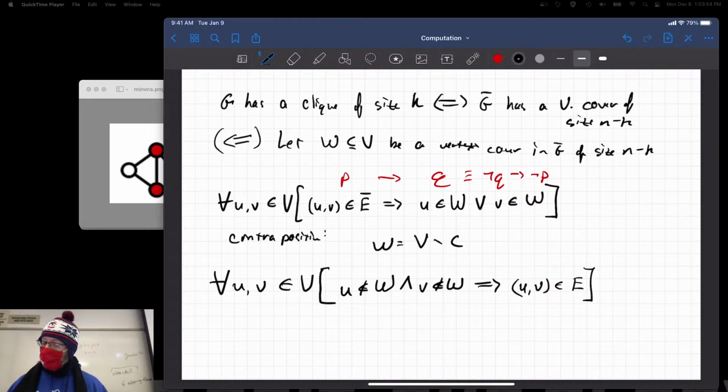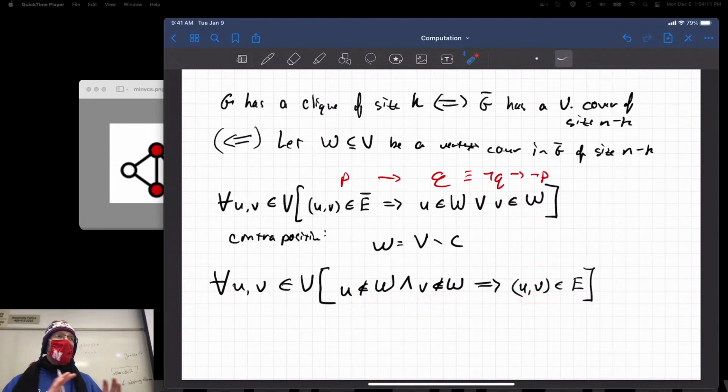Right? For all pairs U and V, if U is not in the set here and V is not in the set, it means that they are connected. Well, if they're connected, what does that mean?